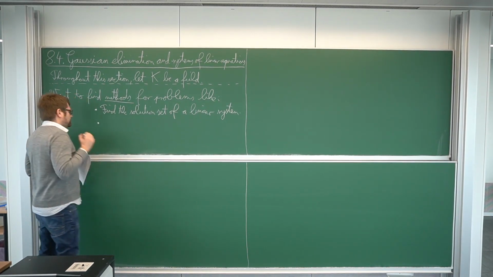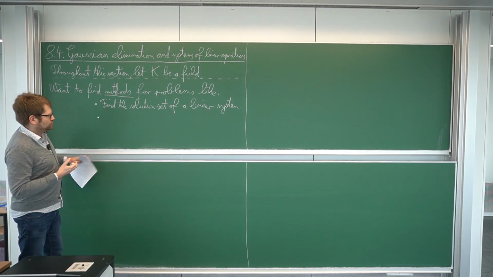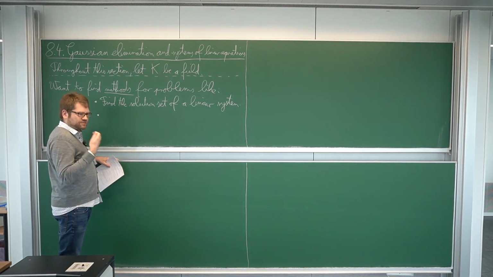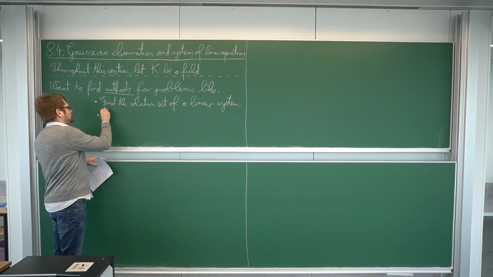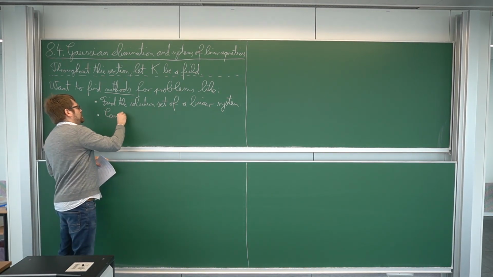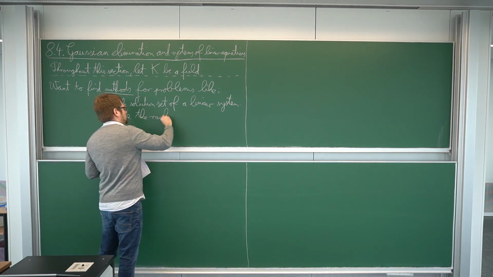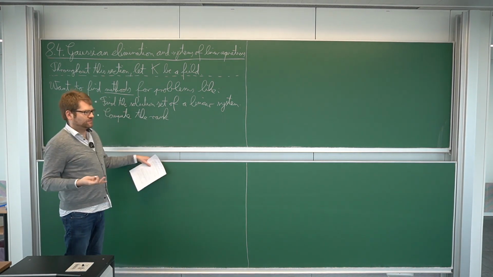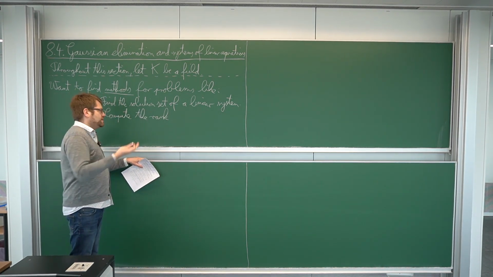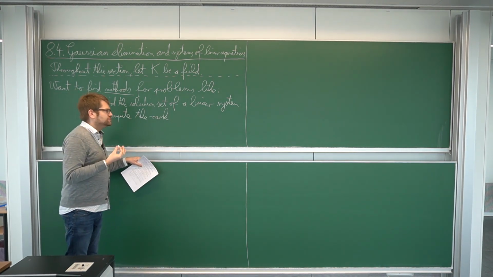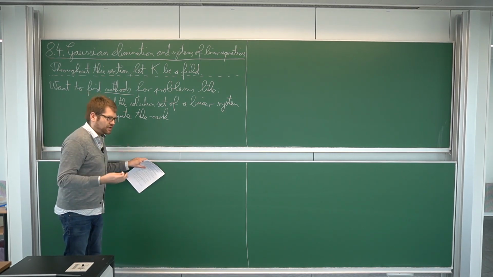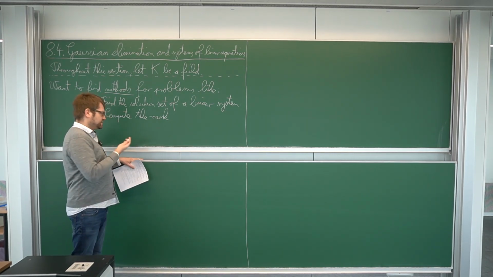Now there are also some computations with matrices with which we will start in this section. First of all, the most elementary thing maybe: compute the rank of a matrix. We have defined the rank, which was the maximum number of linearly independent columns, or the maximum number of independent rows of a matrix, or the dimension of the image of the associated linear map.